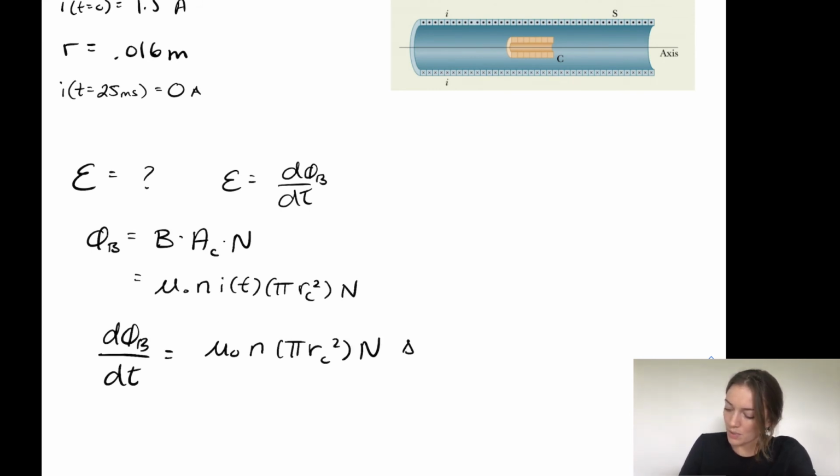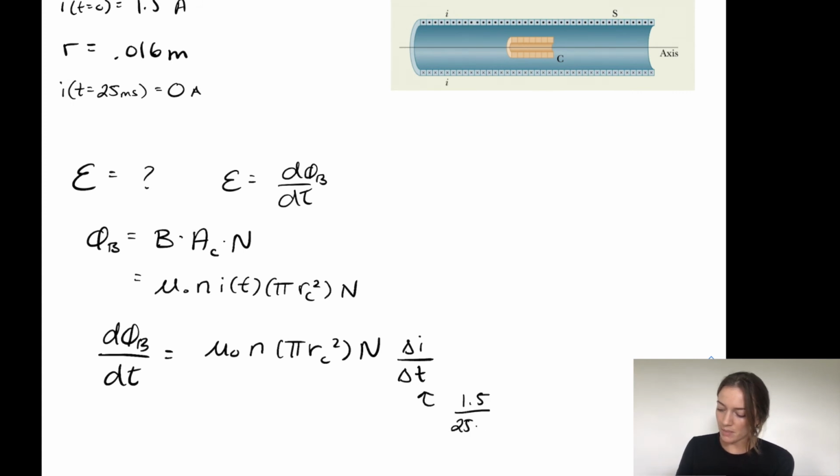So I can just approximate the derivative of the current as the change in current over the time. Since I'm looking at a very small time interval, I can just do delta I over delta t, and that's fine. So this is the 1.5 amps divided by my 25 milliseconds.